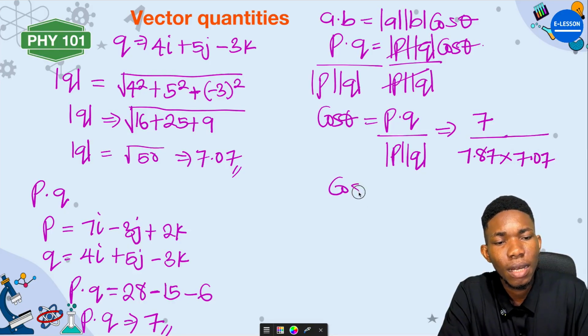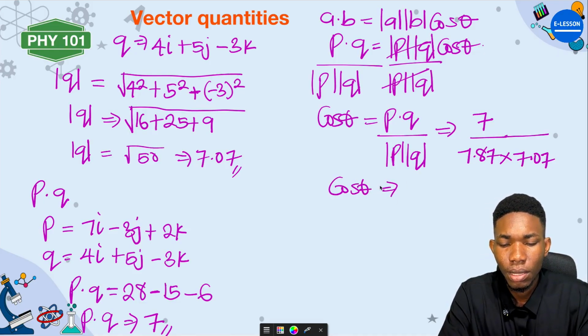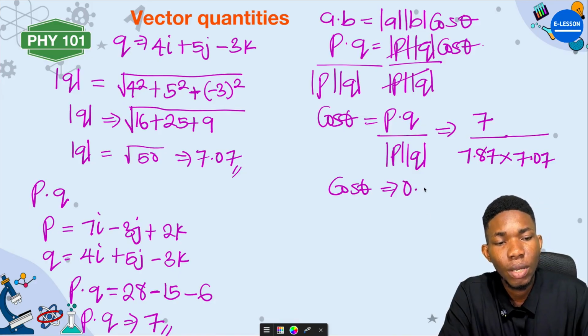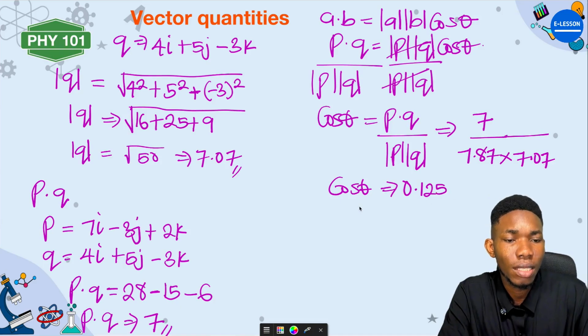So cos theta would be equal to 7 divided by 7.87 times 7.07, which gave us 0.125. Multiply this and this, then divide by 7. This is something simple you can do now. So theta will be the cos inverse of 0.125.